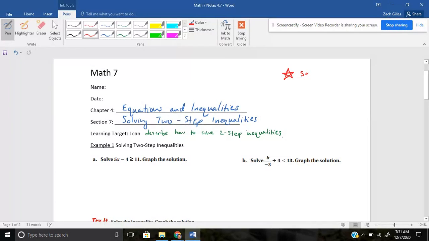You solve these the same as two-step equations. So if you think back to when we talked about solving two-step equations, this section is going to be almost identical to that. Remember when we talked about solving two-step equations, I talked about order being important.